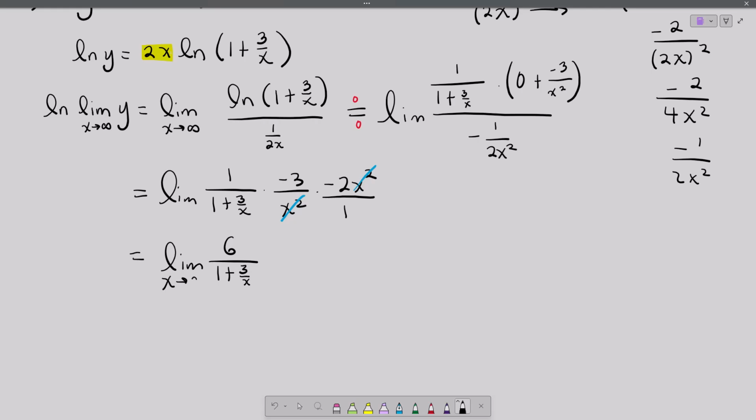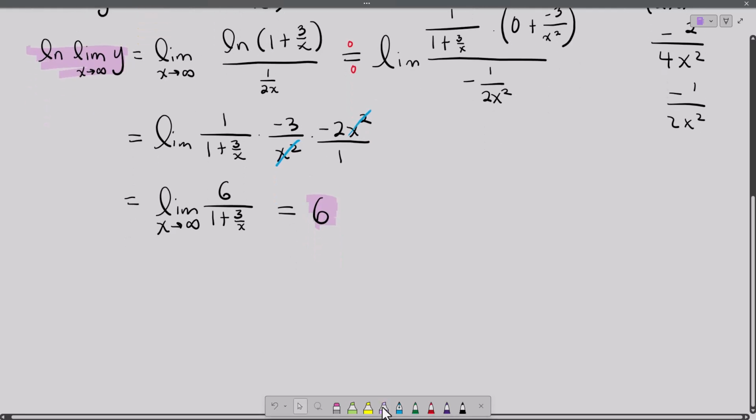And now we're ready to reevaluate that limit. As x goes to infinity, 3 over x goes to 0. This overall limit becomes 6. We now have a left side that's equal to that and a right side that's equal to that.